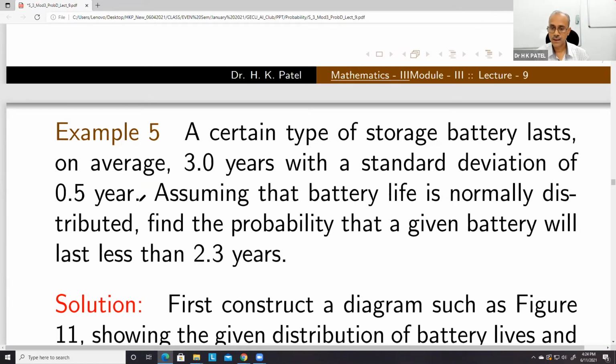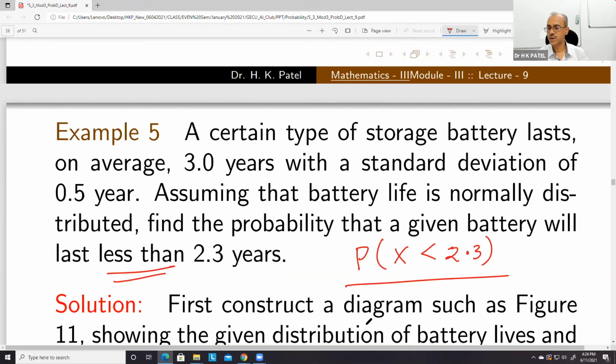Okay, so if X, the random variable, is the life of a battery, then we want the probability of X less than 2.3 years.